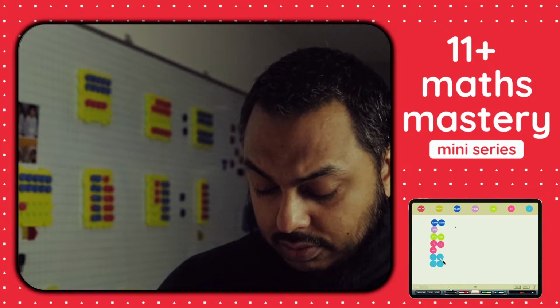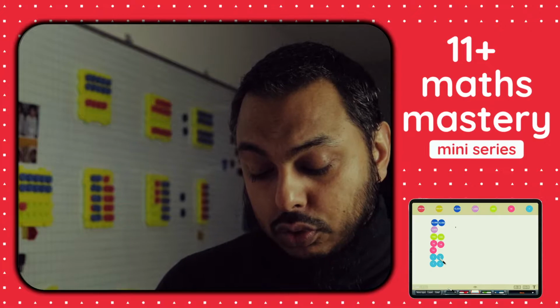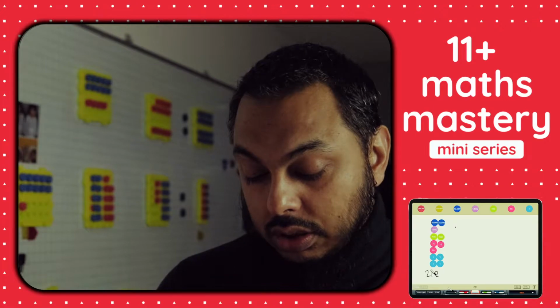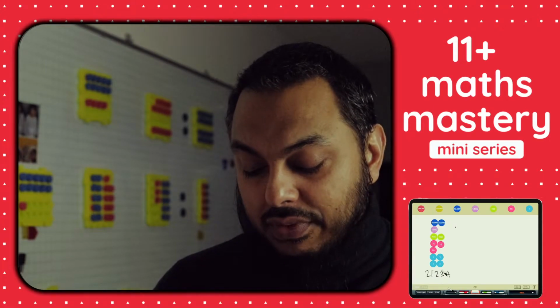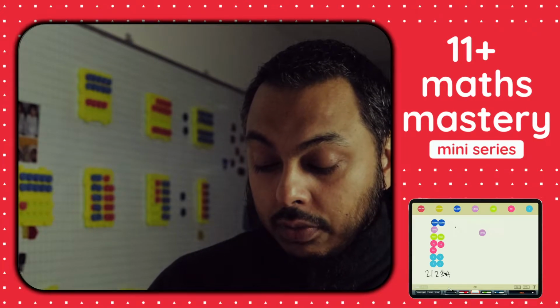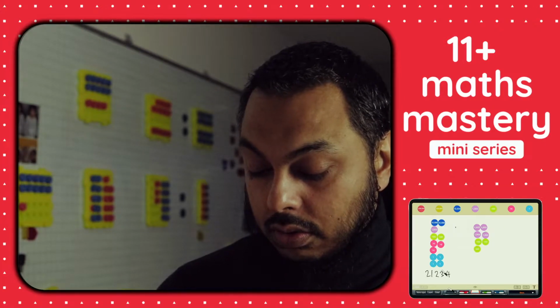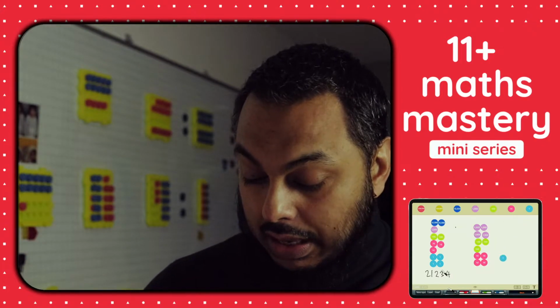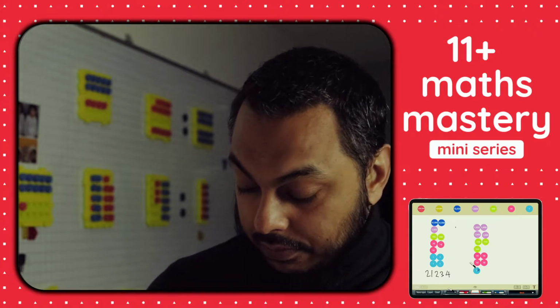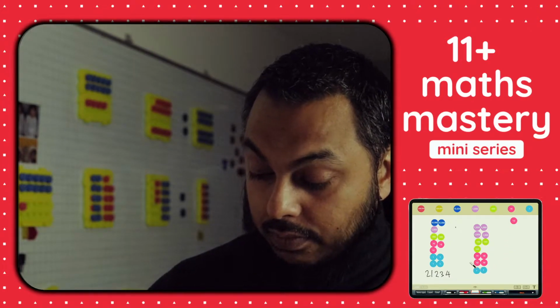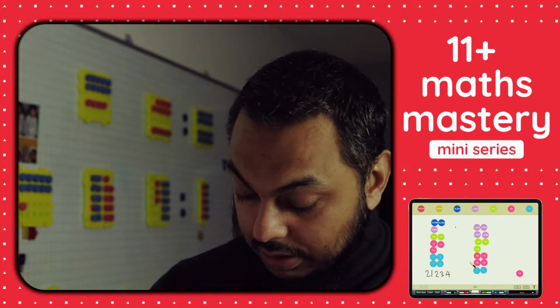We've got two lots of 10,000, that's 20,000, 21,234. And if we have 21,234, but then we have another number like this, and 4 tens, and let's say 5 ones.